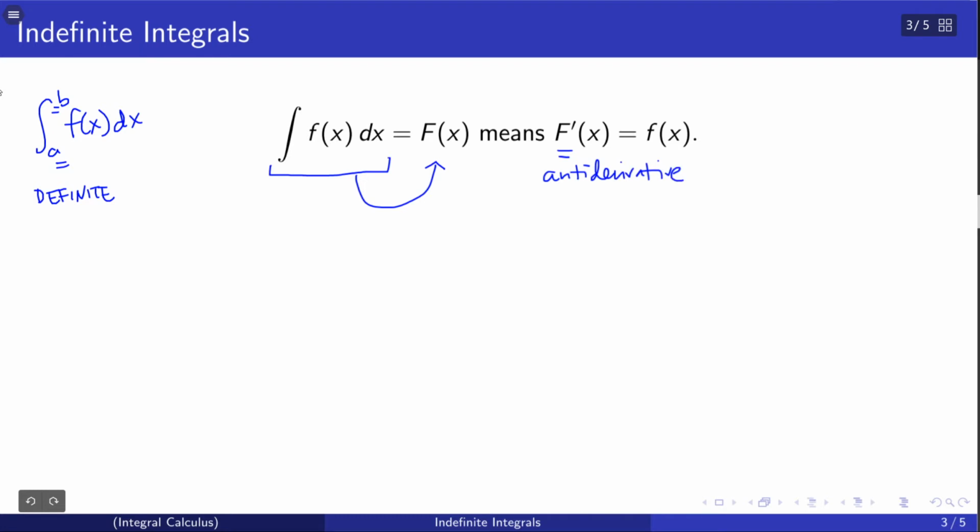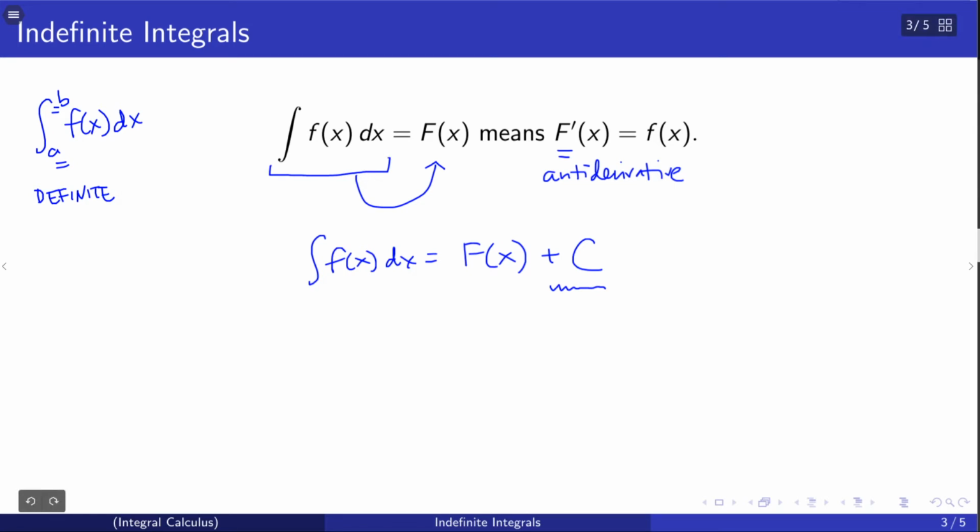And as I mentioned a while ago, to be more precise here, we will write plus a constant c beside capital F of x, because remember, adding any constant to a function does not change what its derivative is equal to. Right? So I can have a plus 1, a plus 2, a plus 3, whatever. I take its derivative, it's still going to be small f of x in the end.